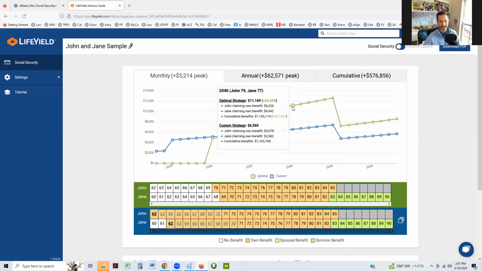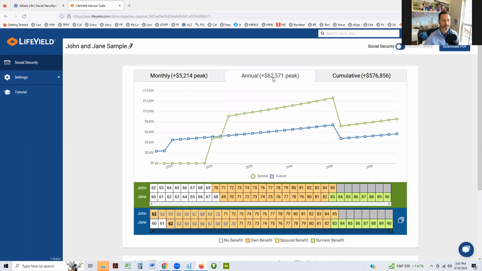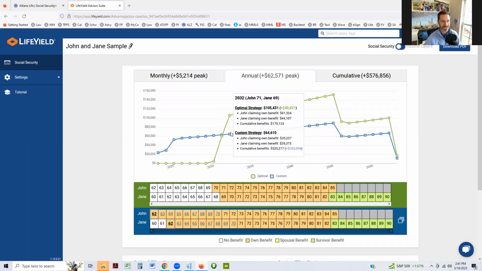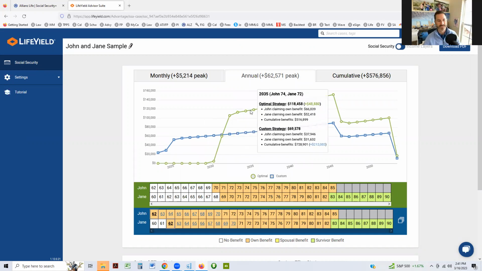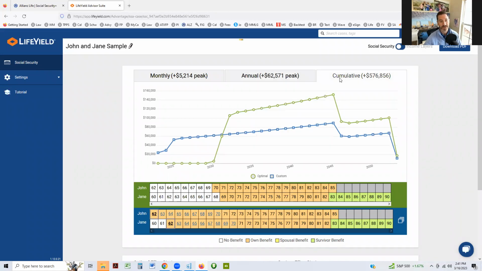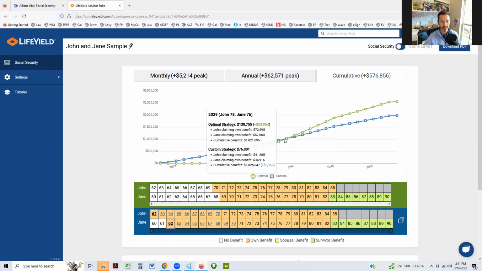Now we look at that, what happens later? Well, here they're getting $4,600 per month and $5,087 more per month. How about annually? Well, similar scenario, their custom strategy starts here, but then the annual amount of the optimal strategy takes over. And as you can see here, they're making $62,000 more per year at the height of this illustration. Cumulative here, we're saying that John and Jane, there's a break-even point somewhere right here for them.